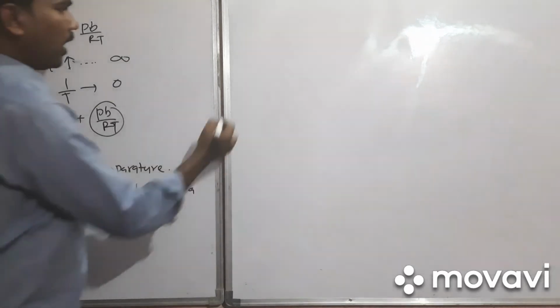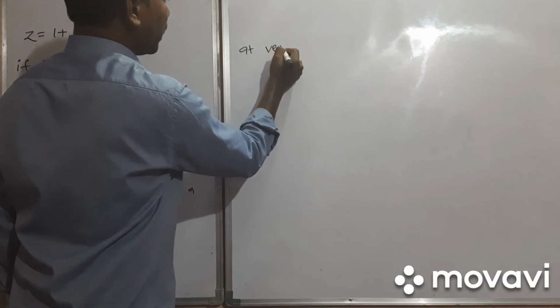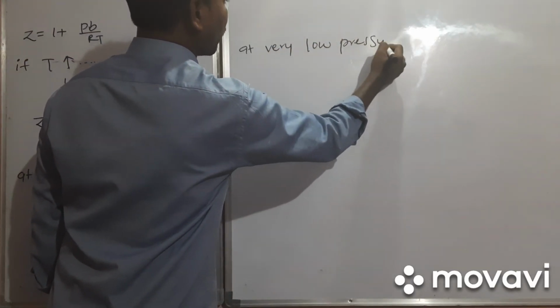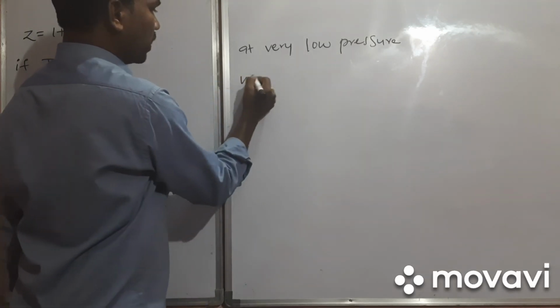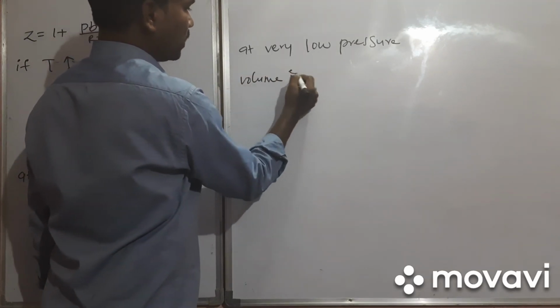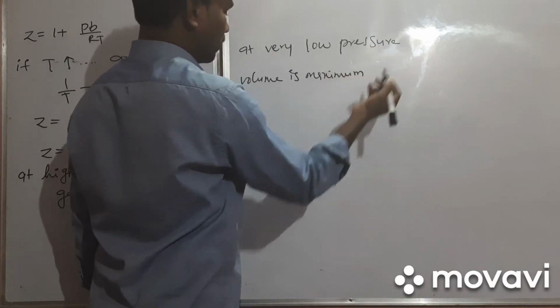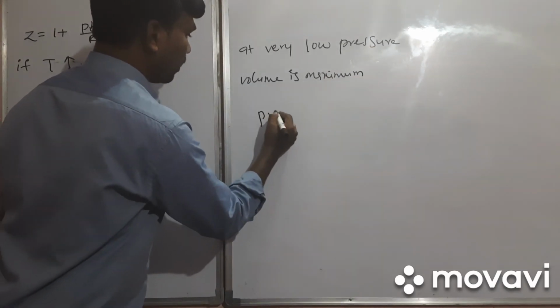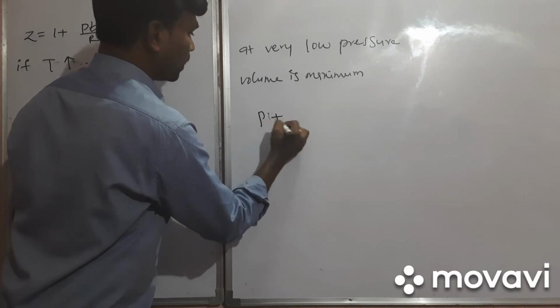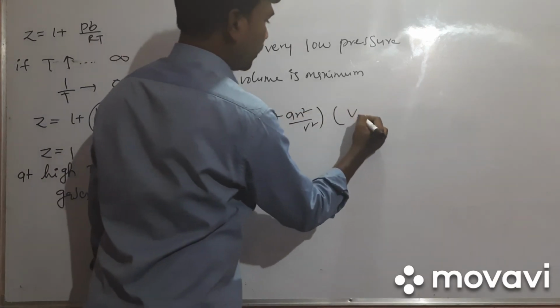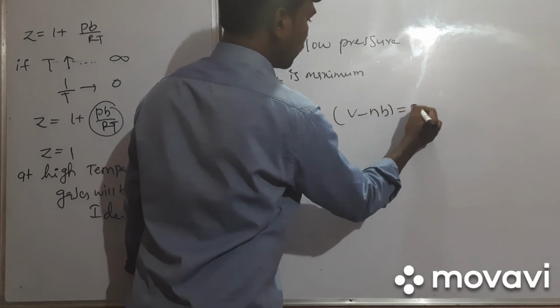And at very low pressure, volume is maximum. Then (P + a n²/V²)(V − nb) = nRT.